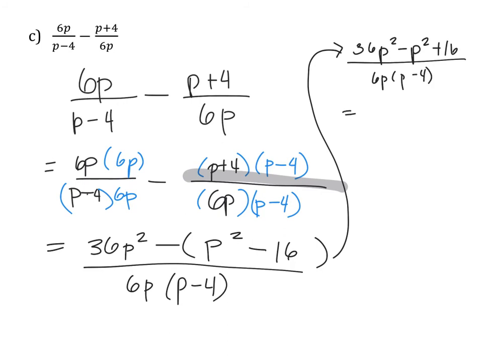From there, I have 36 minus 1, 35p squared plus 16 over 6p times p minus 4.